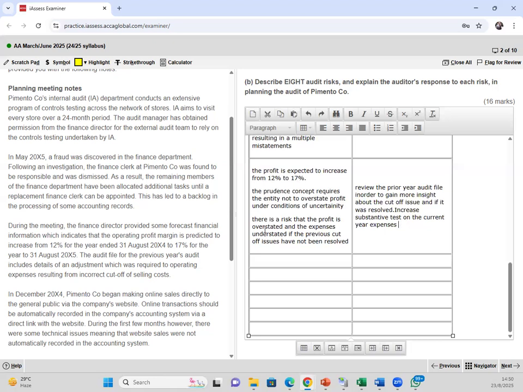So for profit to be increasing, it means the expenses must be low, they should be understated. They can't be overstated in this case. So there's a risk that profit is overstated and expenses are understated.